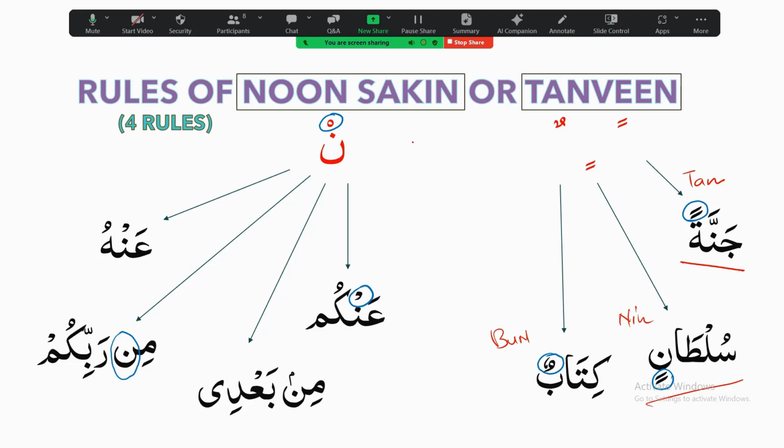When they are reciting, making nasalized sounds and stretching the sounds at certain points, all of these things have rules. So the points where they make those extended sounds or stretches are related to noon sakin and tanween as well.